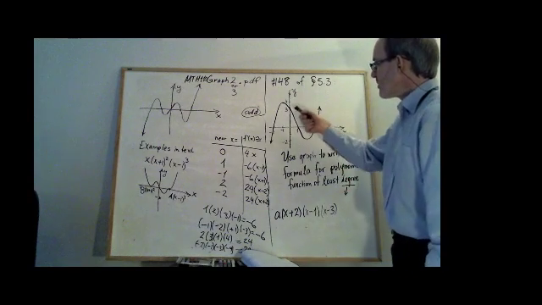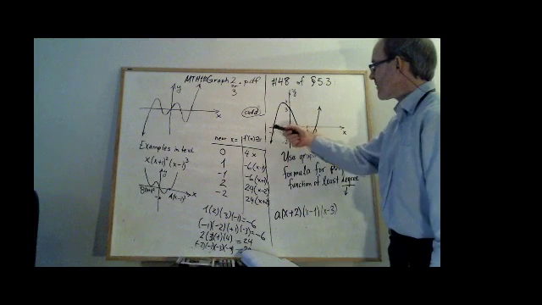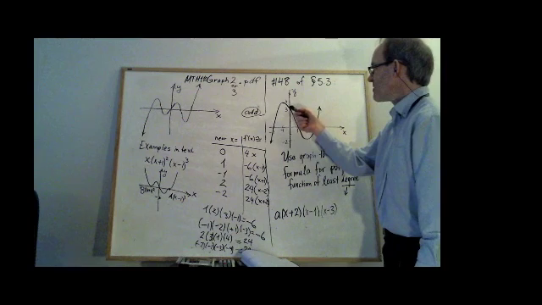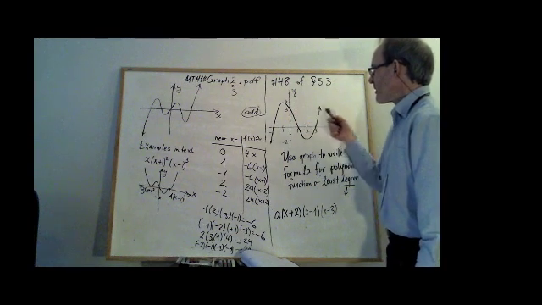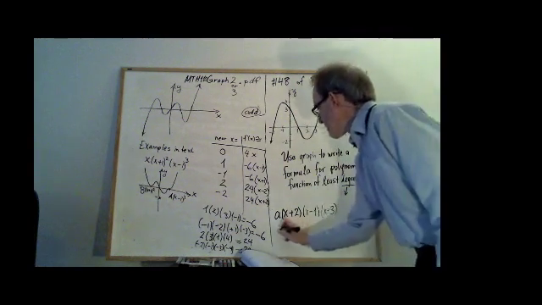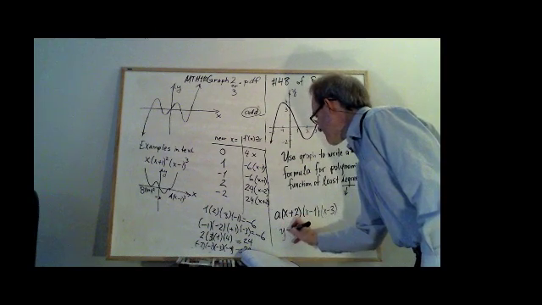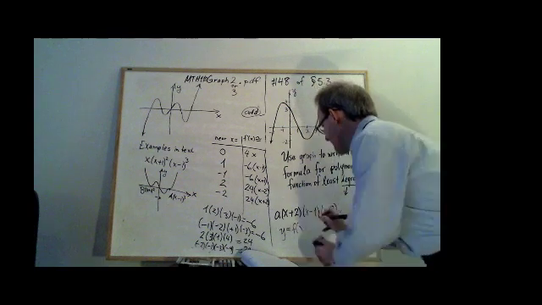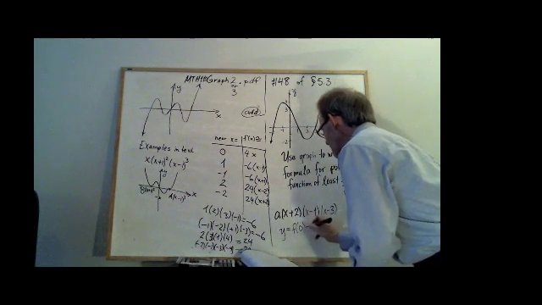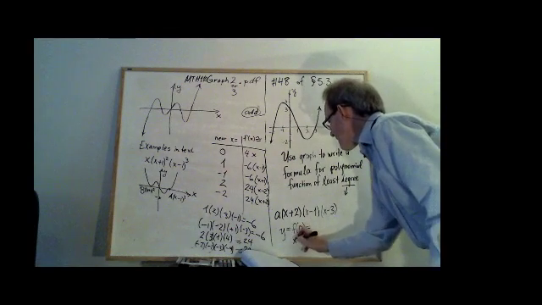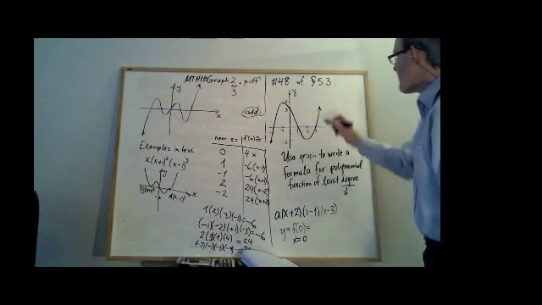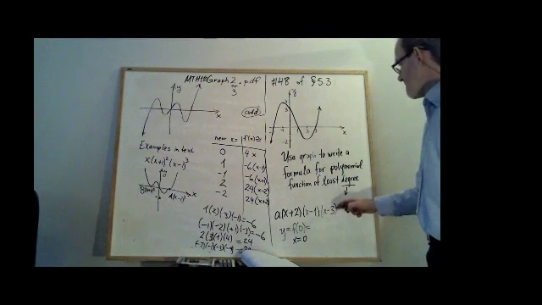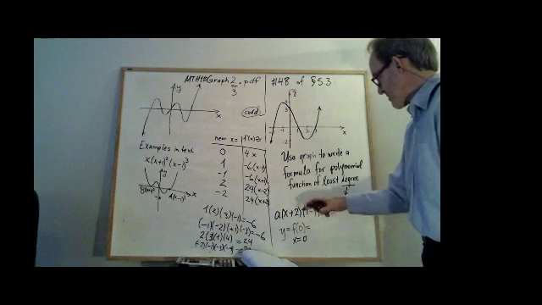Well, I didn't mention this before, but just as you have x-intercepts, you always have a y-intercept. There'll just be one y-intercept for every polynomial. Why? Because it's a function, so if you plug in x equals 0, you only get one value. So if I plug in x equals 0, I get minus 3 times minus 1 is plus 3, times 2 is 6.